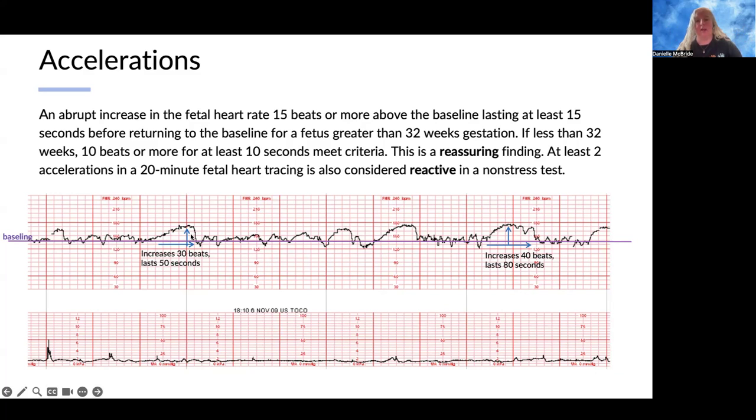So for this tracing right here, we have moderate variability because here's our baseline and we have changes in amplitude of more than 6 beats around the baseline. So we have moderate variability and we have at least 2 accelerations. So this is reassuring that our baby is well oxygenated, and this is considered reactive.